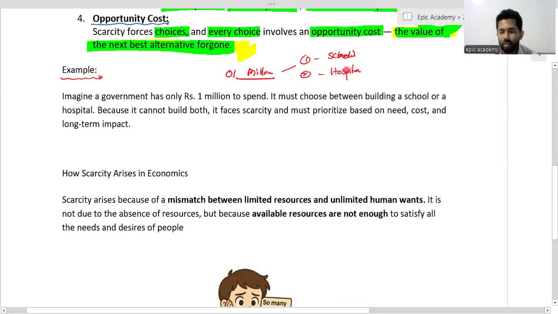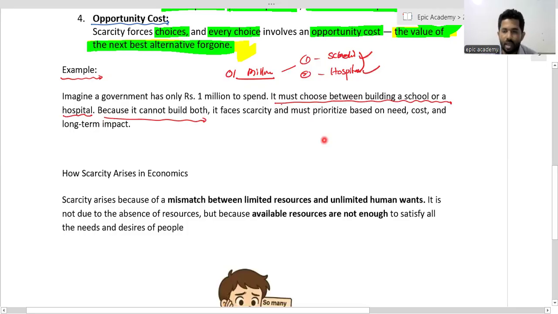Yes, we know that we cannot build a new school for the society, just consider a new building or something like that, small. We have to choose between these two options. It must choose between building a school or a hospital because it cannot build both. You can't do both together at once.